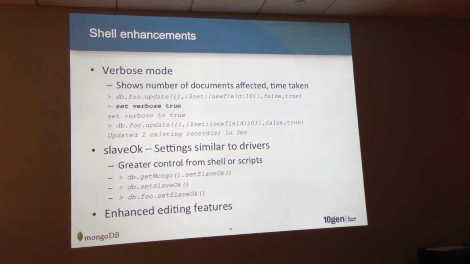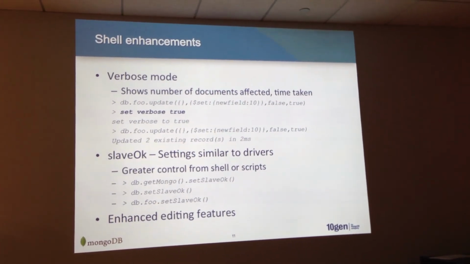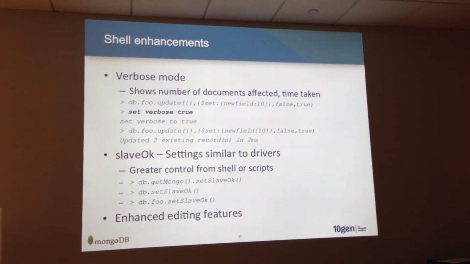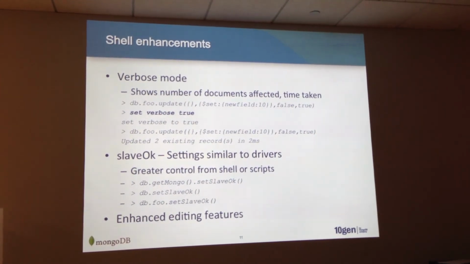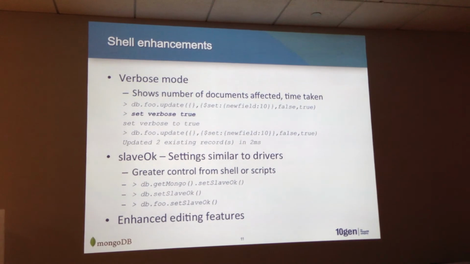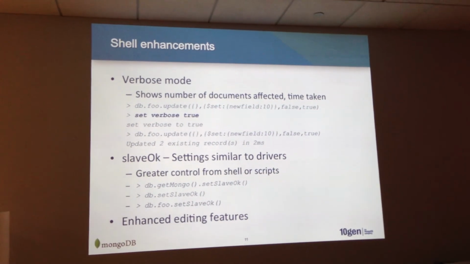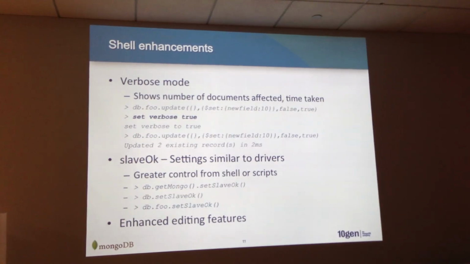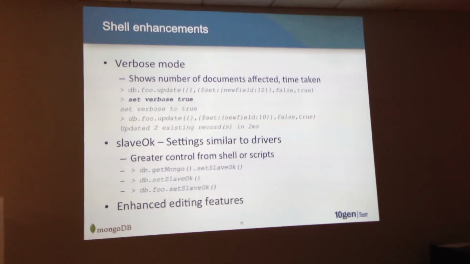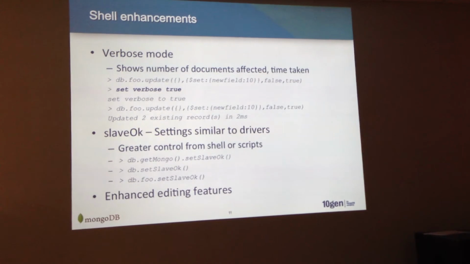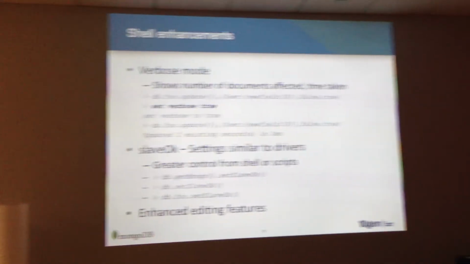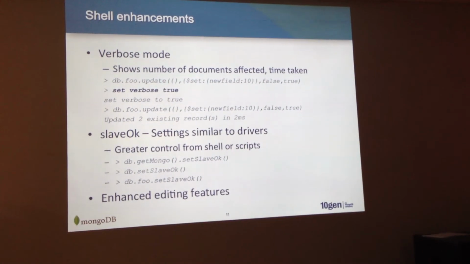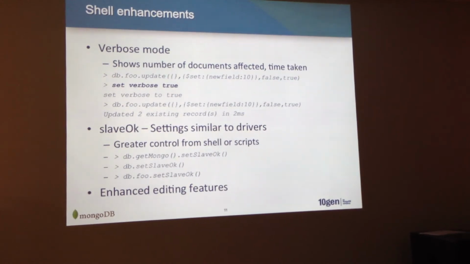The shell enhancements, I actually worked on that stuff. The first part should actually be the default of the shell. Yeah? Sorry, question. From the Mongo wire spec, are these just new properties added to the queries through the wire, or other?